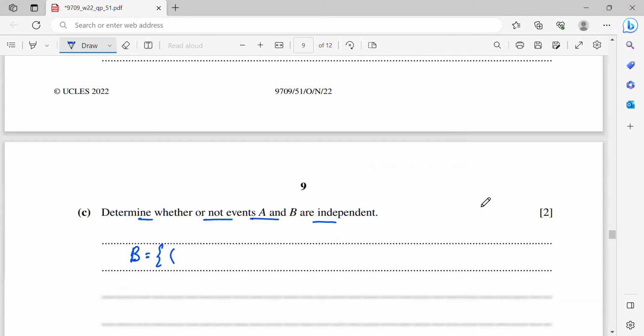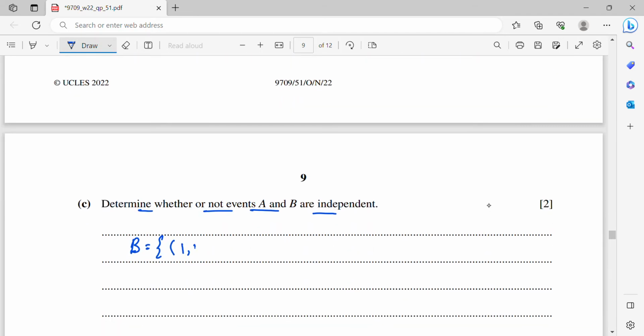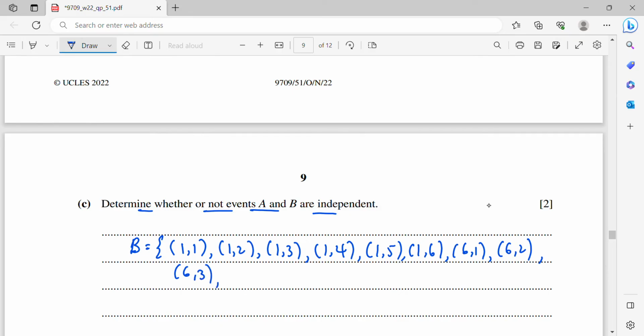So I will write 1 1, 1 2, 1 3, 1 4, 1 5, 1 6. Or the first row shows 6, so it will be 6 1, 6 2, 6 3, 6 4, 6 5, and 6 6.